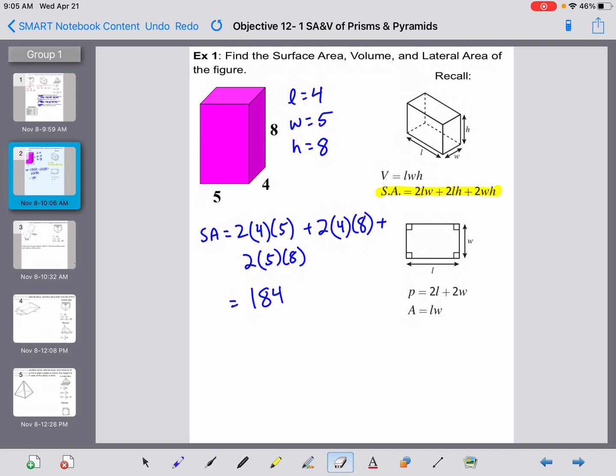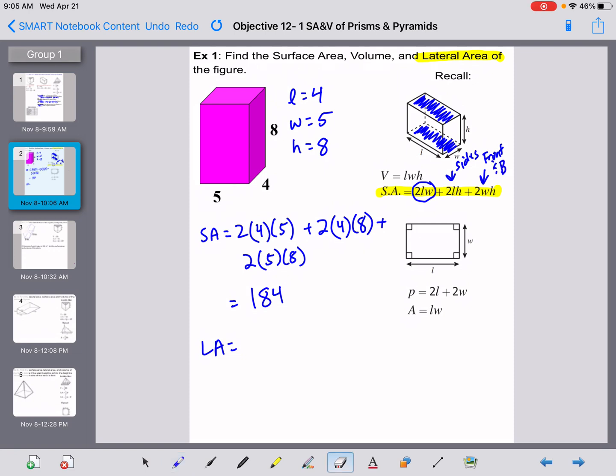Why is that important? Because we have to find the lateral area. We don't have a formula for the lateral area for this rectangle. But I know if I take the surface area formula and subtract the top and the bottom, which would be this length times width and this length times width, then what's left is the sides and then the front and back.